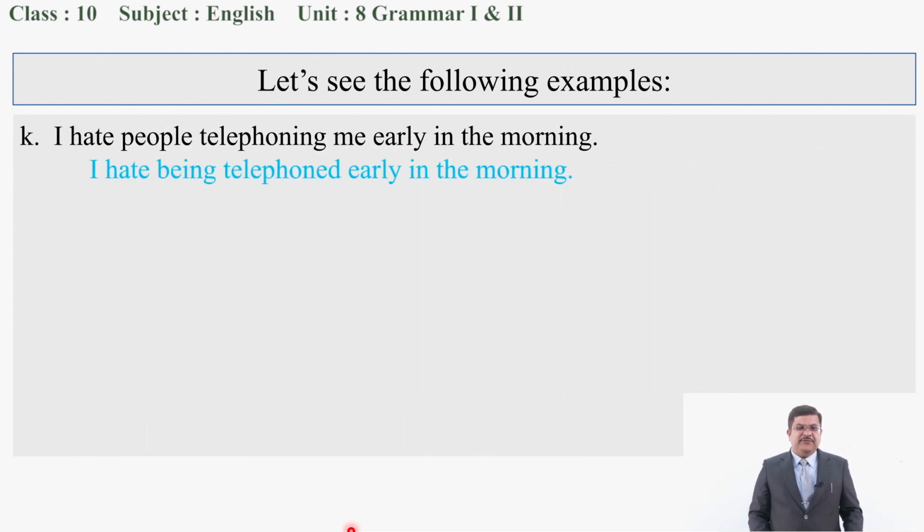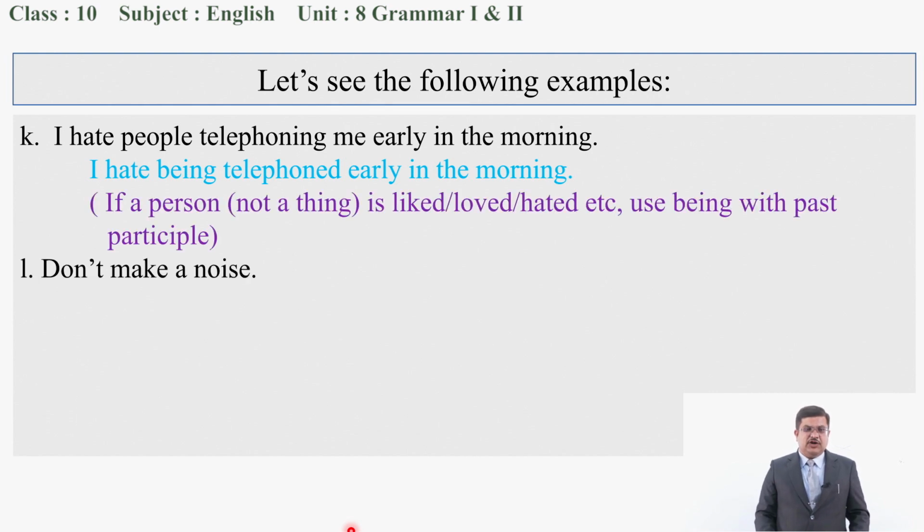I hate people telephoning me early in the morning. As I have already talked about the same sentence, I hate being telephoned early in the morning. Don't make noise. Now, this is an imperative sentence. Don't make noise. Can you change this sentence into passive structure? Sure. Will you try it? What is the structure of this sentence while changing from active into passive?